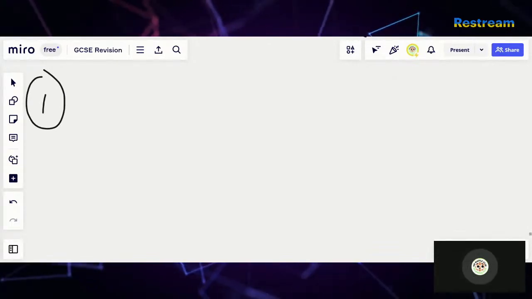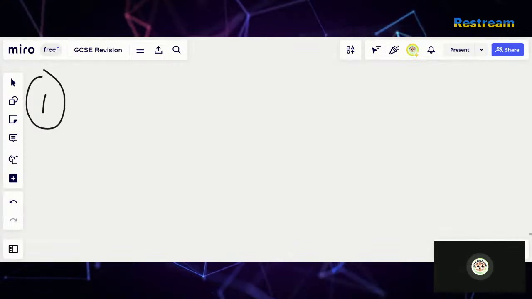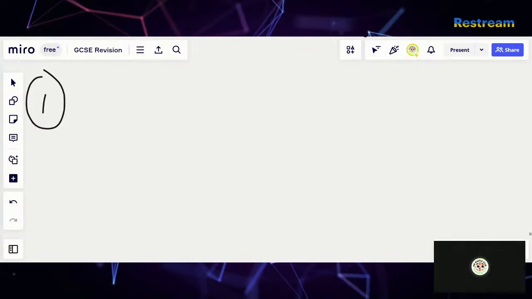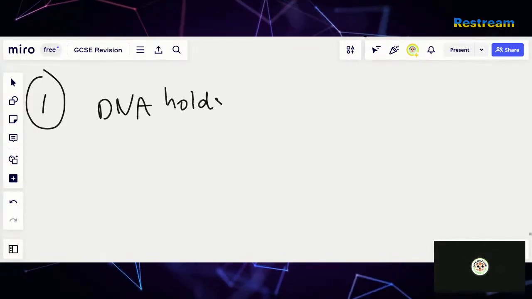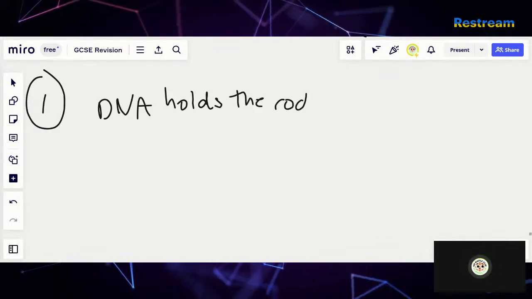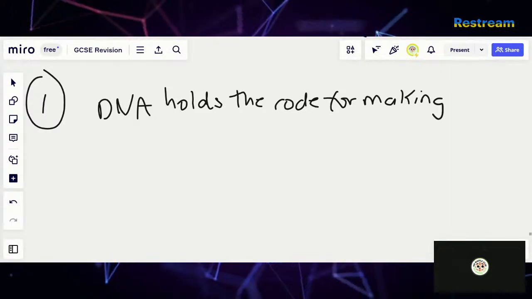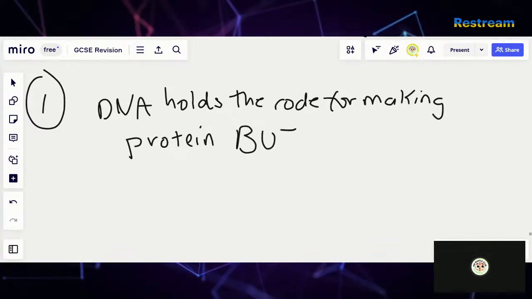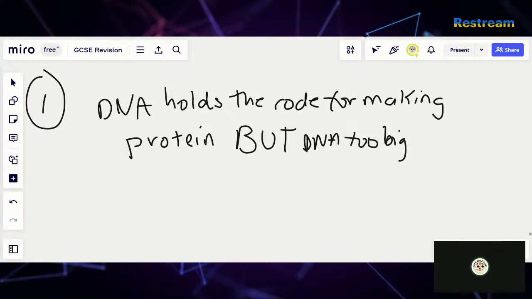Firstly, the DNA that contains all of the genetic code for making a protein is within the nucleus, but it cannot move out of the nucleus. So the first thing is the DNA holds the code for making proteins. But the DNA is too big to leave the nucleus.